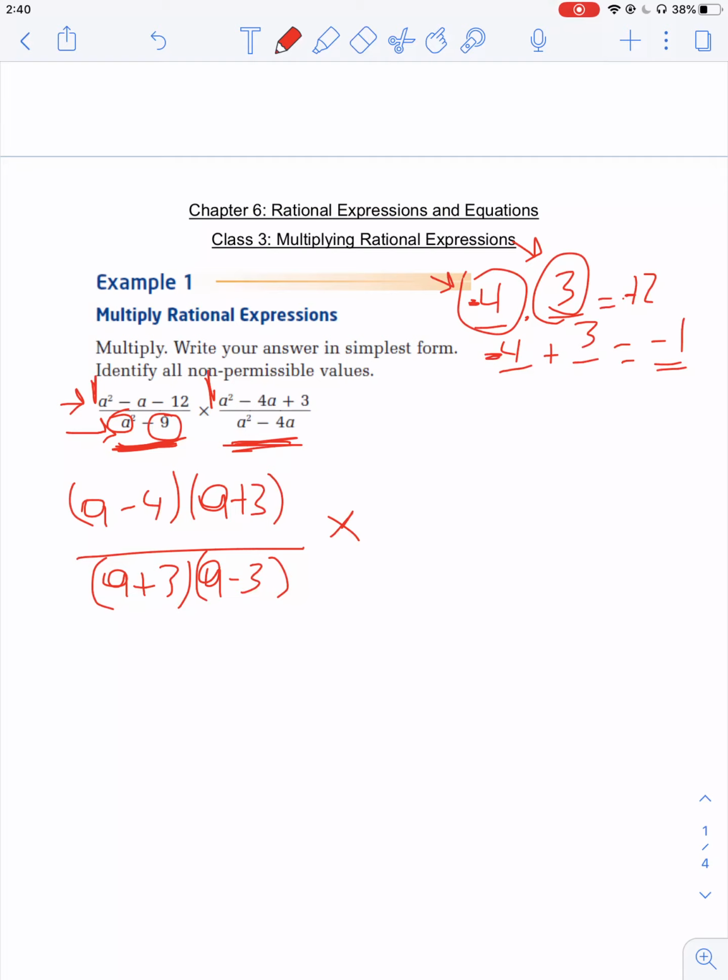Now let's factor the second numerator. Okay, so again, we're gonna go with product sum. So maybe let me just put that over here. We are looking for two numbers that multiply to 1 times 3, that's 3, and they have to add up to -4, okay? And this one's really easy because the only way that you can get 3 is by multiplying 1 and 3, right?